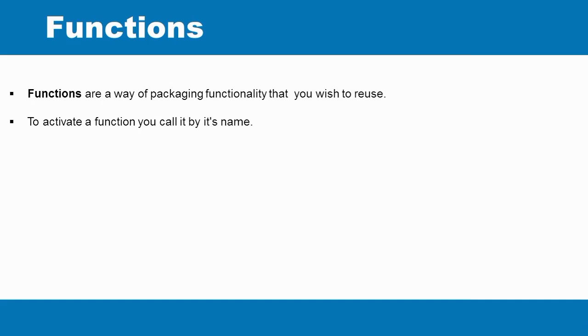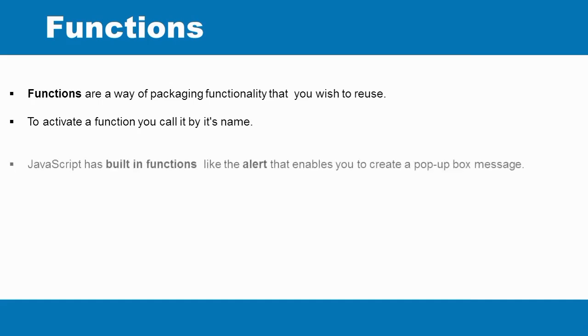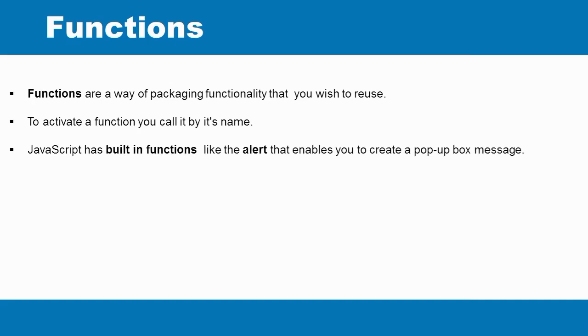JavaScript has many built-in functions that you can use. A very popular one is the alert, which enables you to create pop-up box messages. JavaScript also enables you to create your own functions. And the way you create your own functions in JavaScript is by using the function keyword.